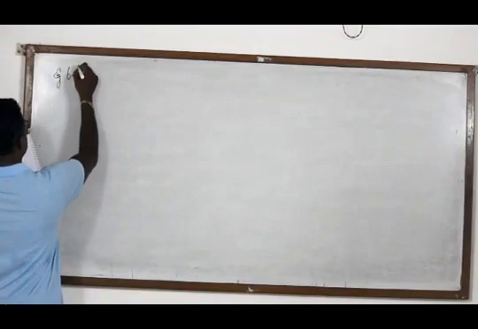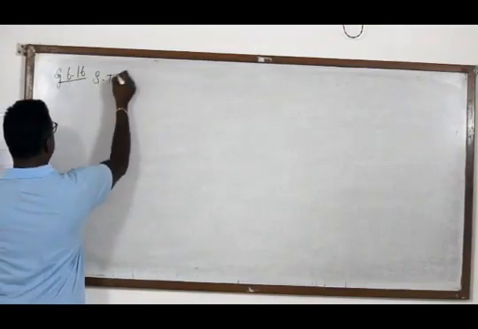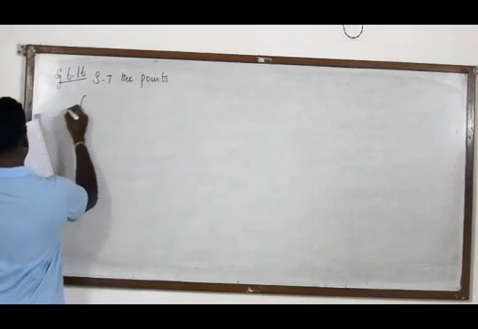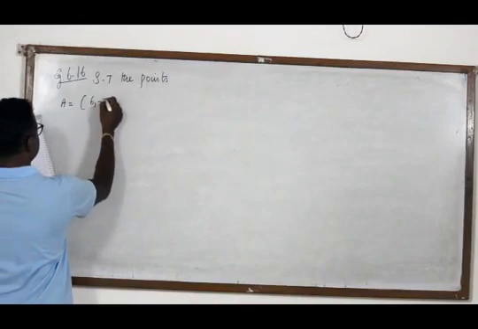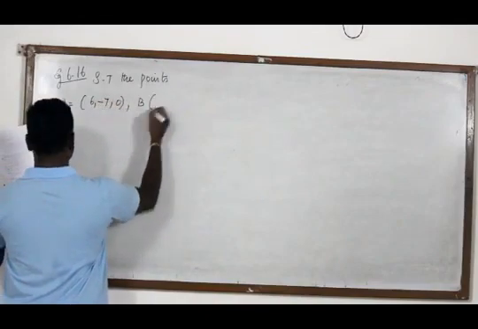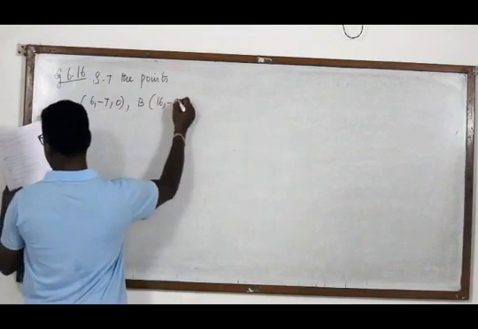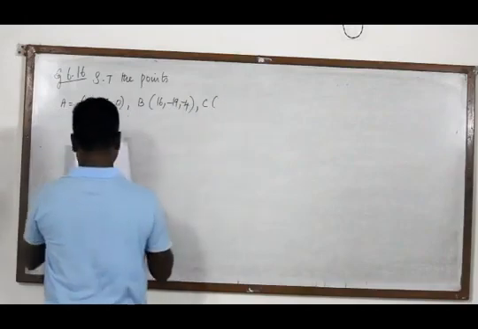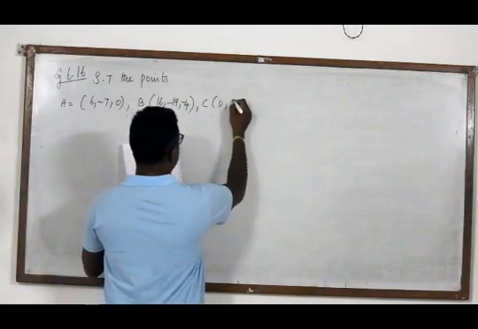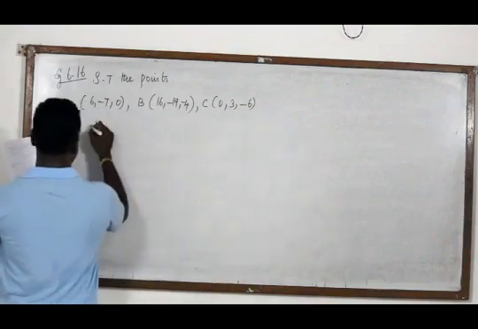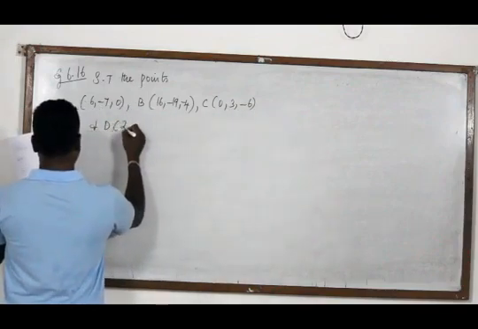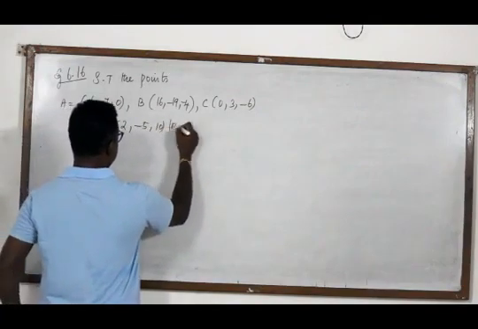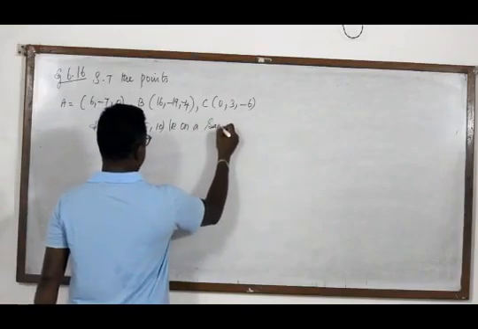Next, example 6.16. Show that the points A (6, minus 7, 0), B (16, minus 19, minus 4), C (0, 3, minus 6), and D (2, minus 5, 10) lie on the same plane.